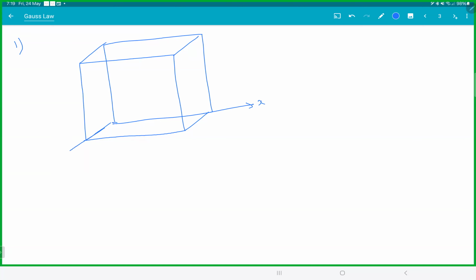This is your X, this is your Z, and this is your Y. This is your origin. It's a cube of side A. So there are 6 surfaces. Face 1, face 2, face 3, face 4, face 5, and face 6 is behind. Find flux through each face.